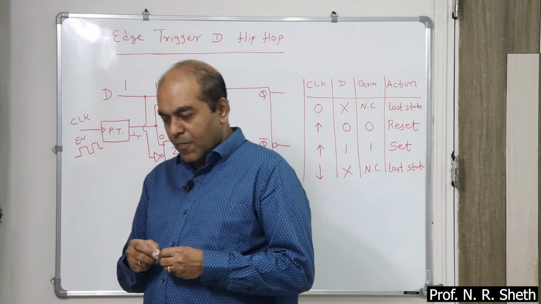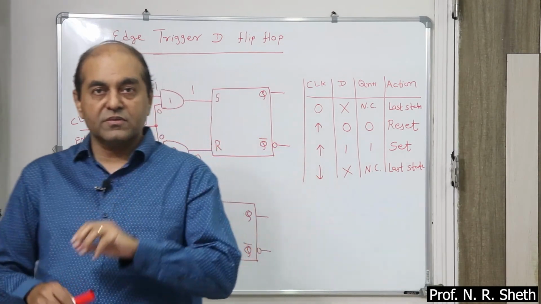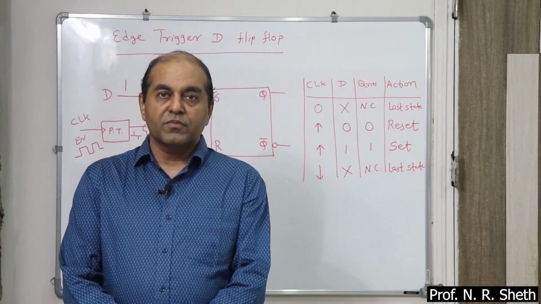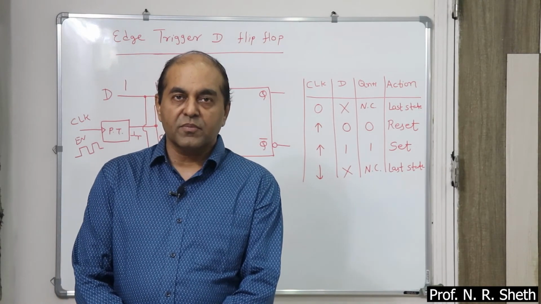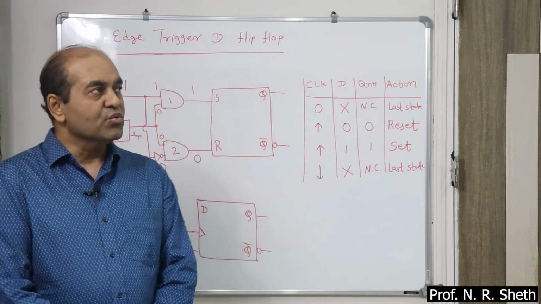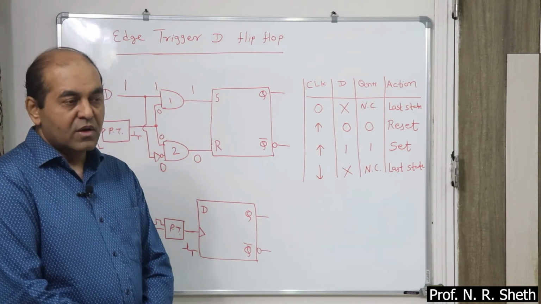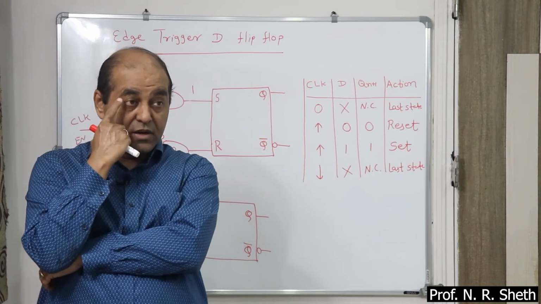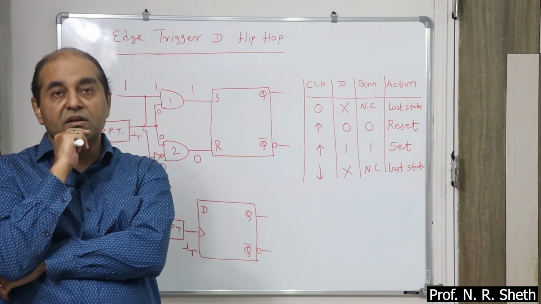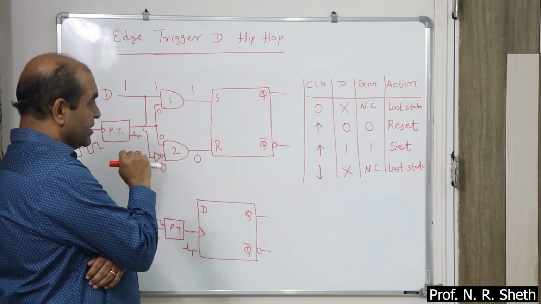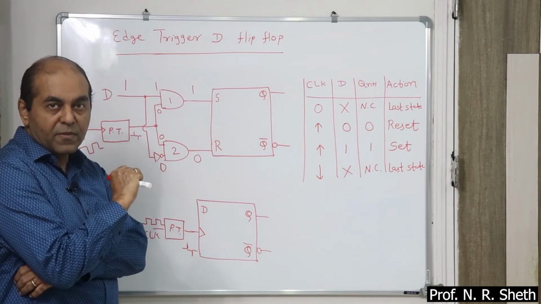So we have discussed 5 flip flops. Our journey starts with RS flip flop, 3 versions of RS flip flop, and 2 of D flip flop. So almost we are at the state that this is considered as the best circuit, edge triggered D flip flop.